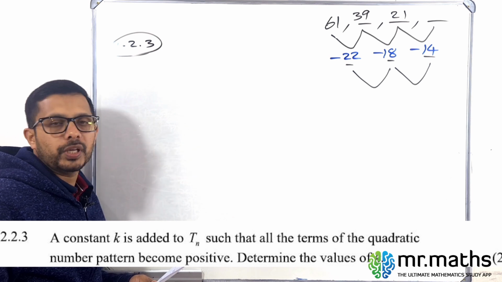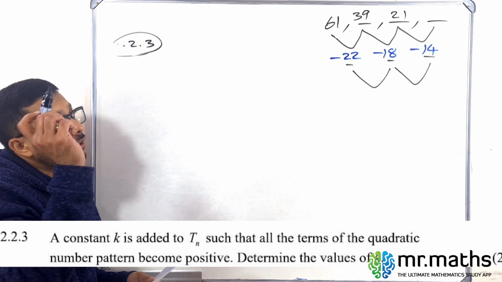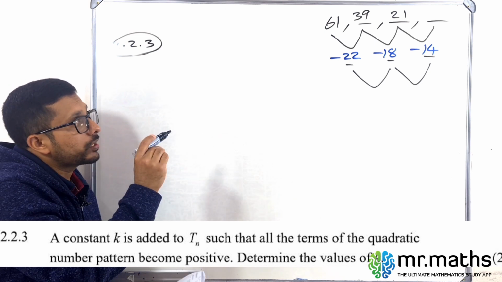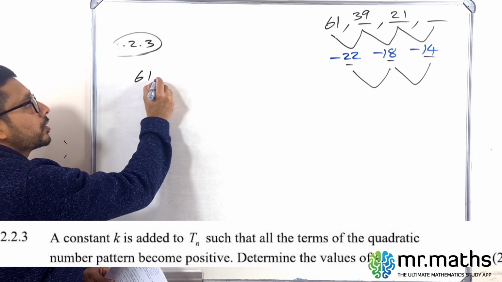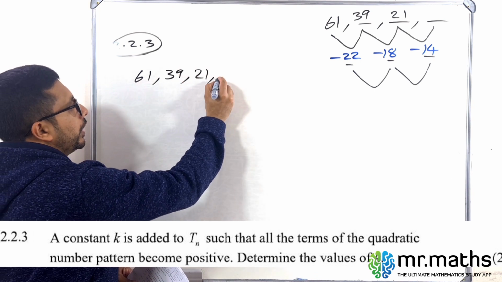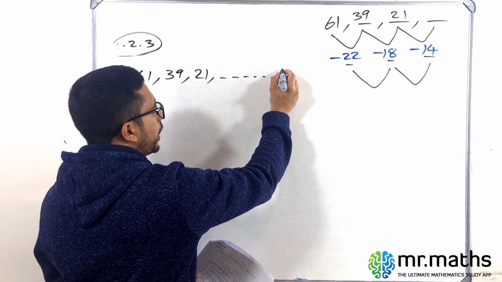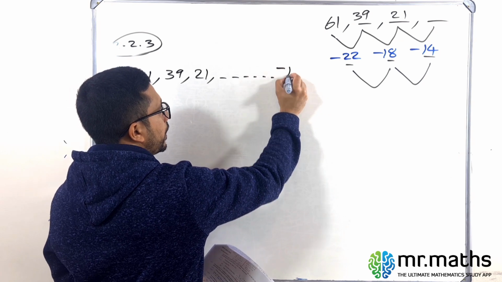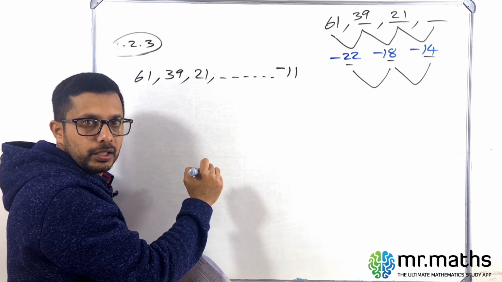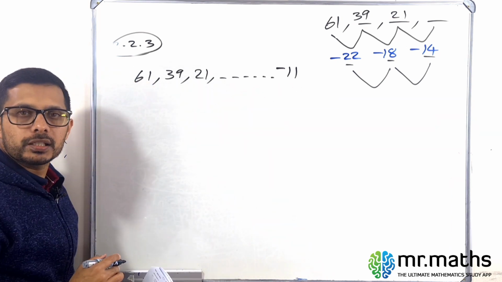Determine the value of k. So what are they saying? The quadratic number pattern is 61, 39, 21, etcetera, and we know that the smallest value in this sequence is minus 11.